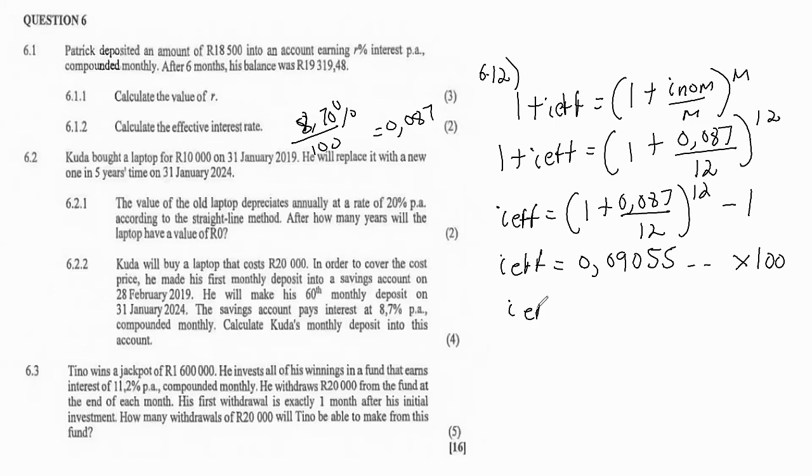So our effective interest rate is now 9.06%. Right, that's how we calculate the effective interest rate. This is only for 2 marks, so you understand that you just need to be very quick with your maths there.